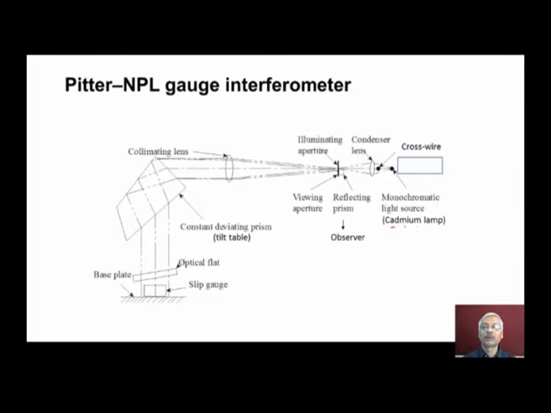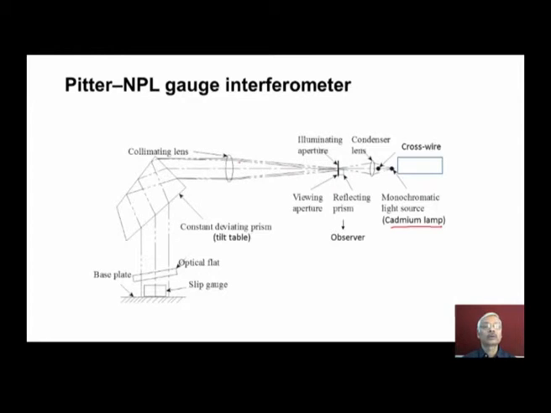Normally a cadmium lamp is used, so we get the monochromatic light source, and using this condenser lens, the light is condensed at this point where an illuminating aperture is placed.